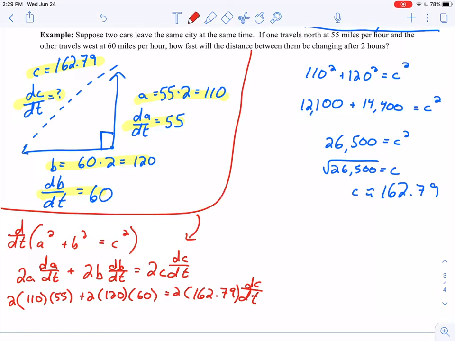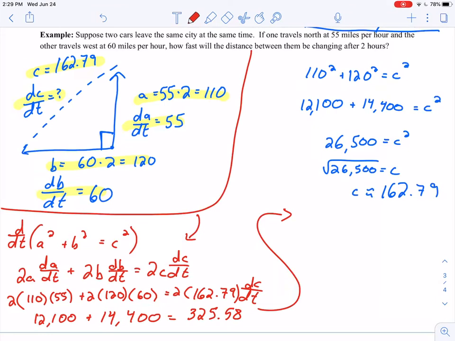So I should end up with 12,100 once again, plus 14,400 is equal to 2 times 162.79, which gives me 325.58.